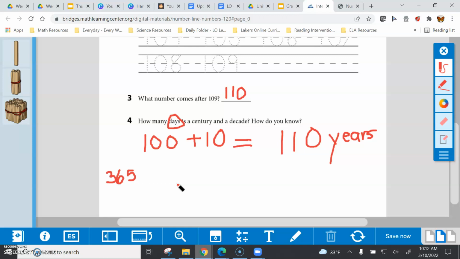We'll do this and then we'll be closing out our math time. 365 days times 100 years is equal to 36,500 days. Plus, remember, we still have to add on the decade of 10 years.